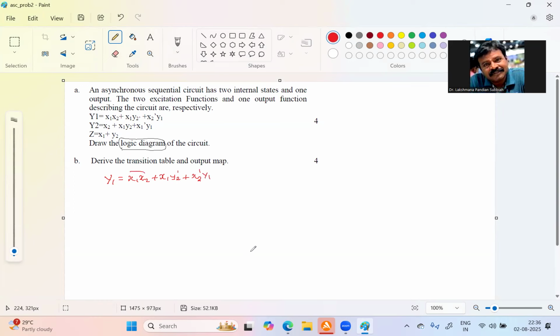Then here we need one AND gate, then another AND gate, then another AND gate, and a three-input OR gate. Now you have to draw the circuit.